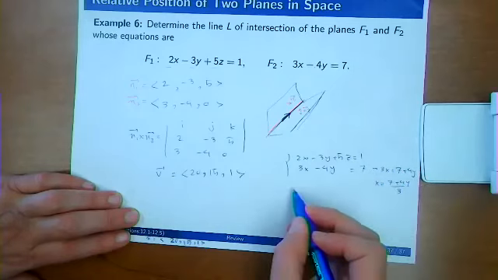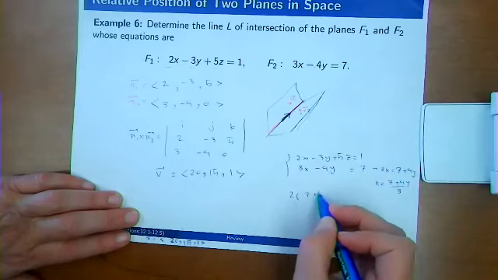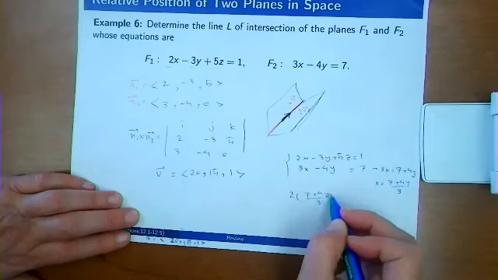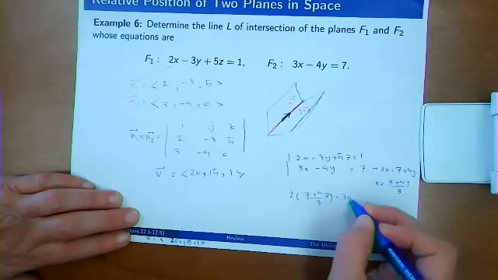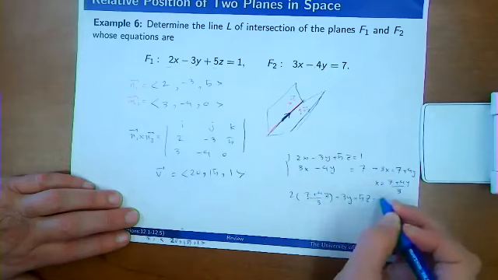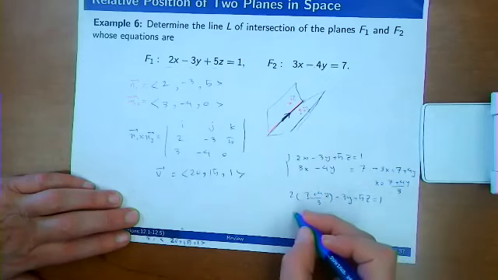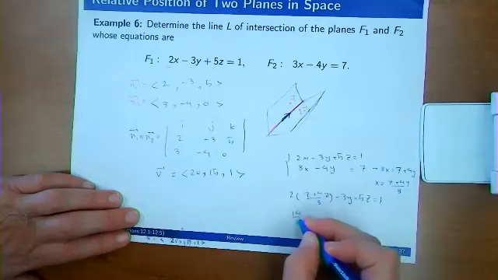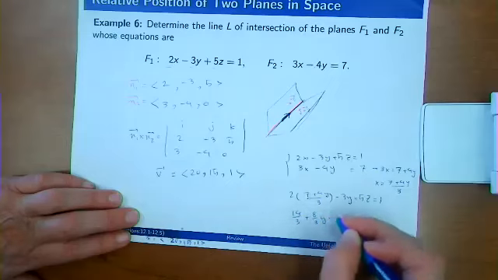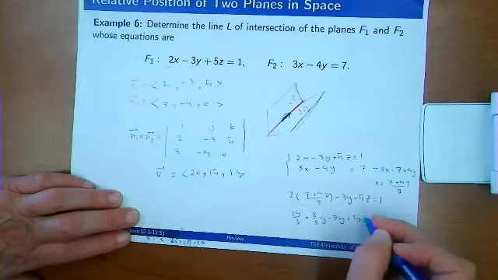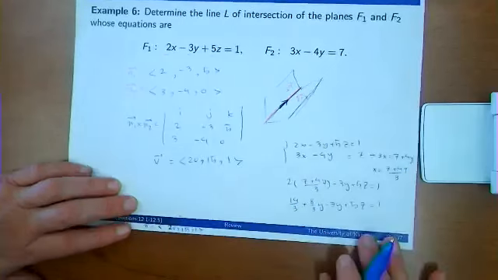And then you plug it back in there, and you get 2 times 7 plus 4y divided by 3, minus 3y plus 5z equal to 1, and that's 14/3 plus 8/3 of y minus 3y plus 5z equal to 1.